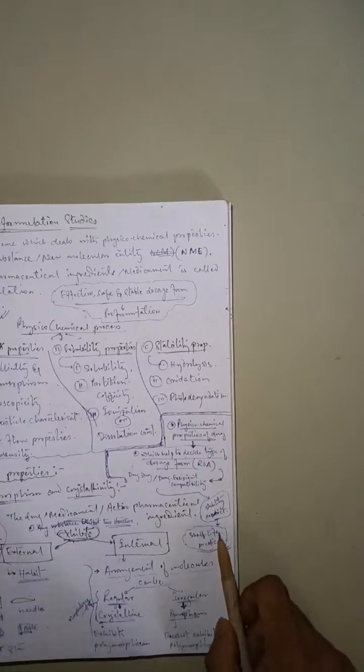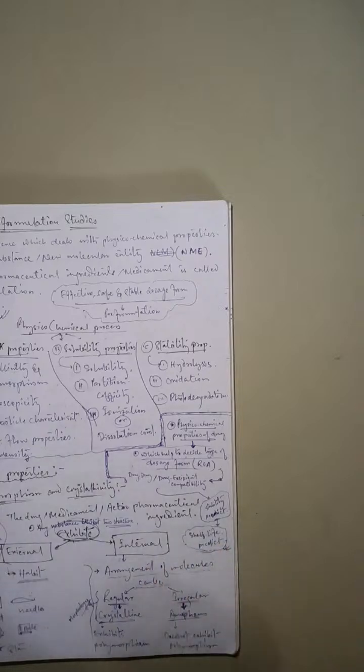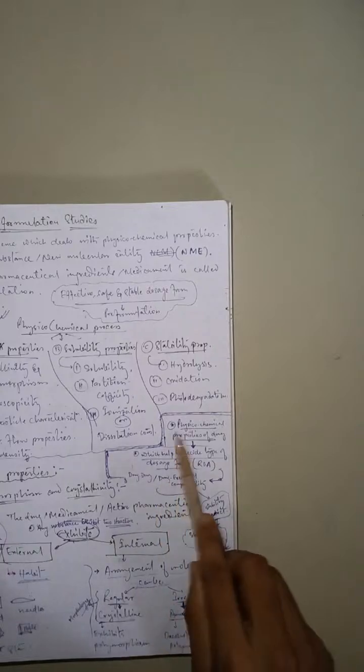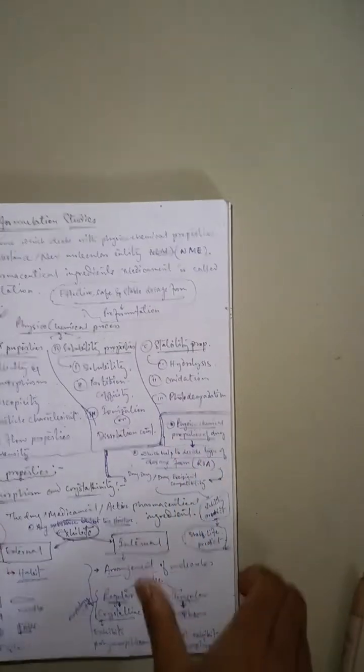So the route of administration, type of dosage form, and stability prediction are all decided by the physicochemical properties of the drug.